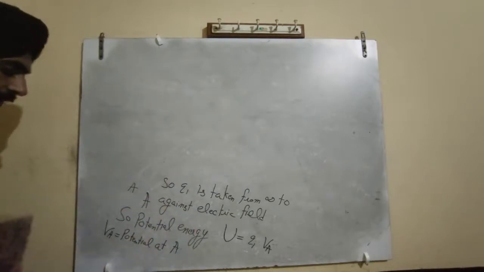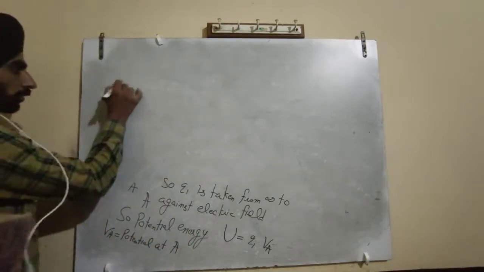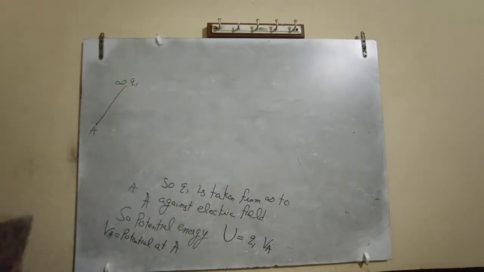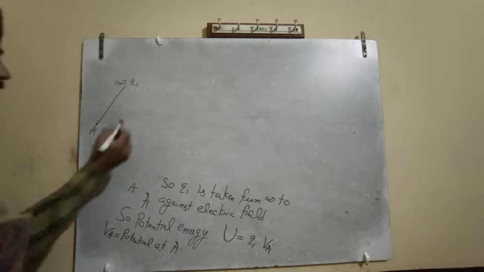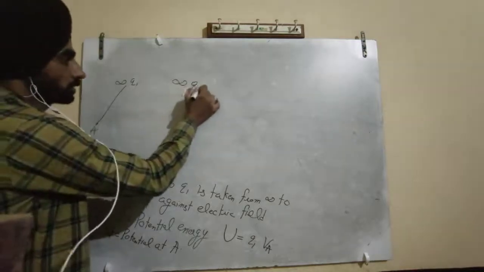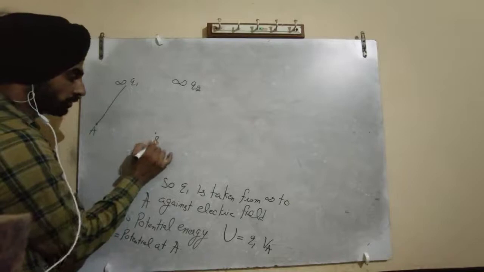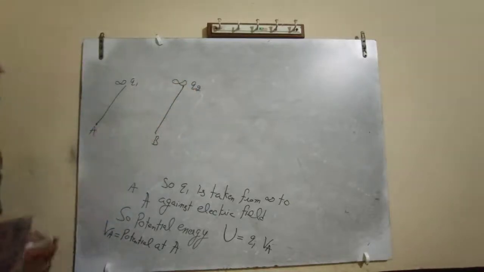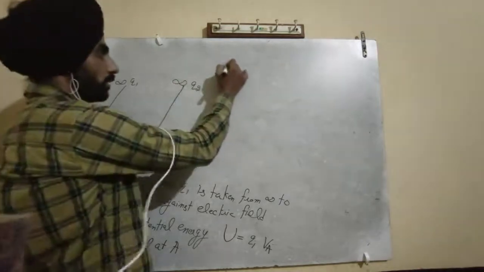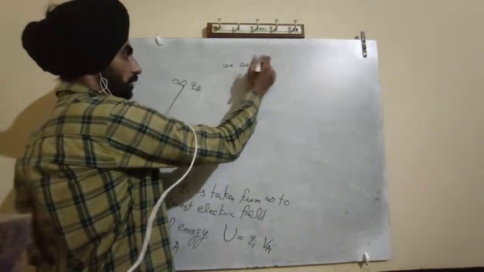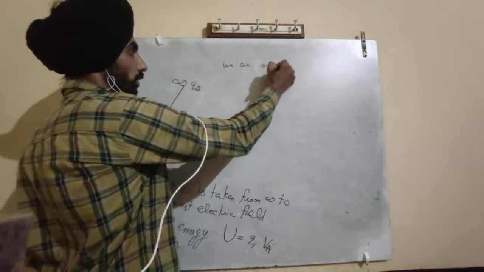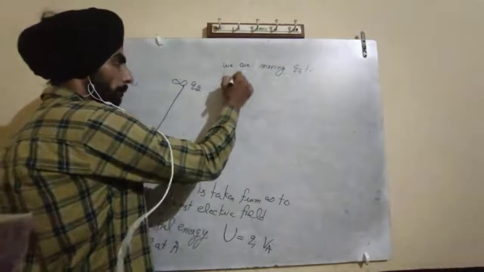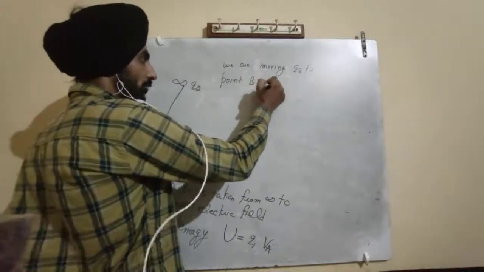So this is the work done on this. Suppose we bring Q1 from infinity up to point A. Now we are bringing Q2 to point B, moving it in the electric field.